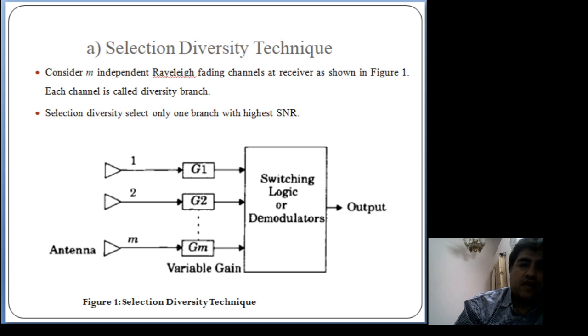So we have m different antennas to receive all these different multiple channels, and these are m multiple variable gains attached to each and every individual channel. So selection diversity will do what? It will select the strongest among all and give it to the receiver. So all these different channels are known as diversity branches.